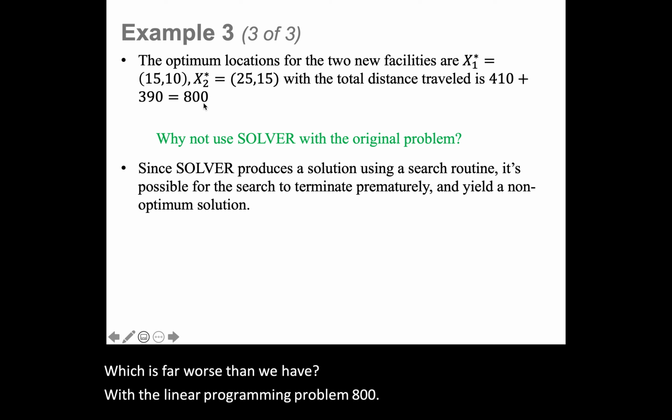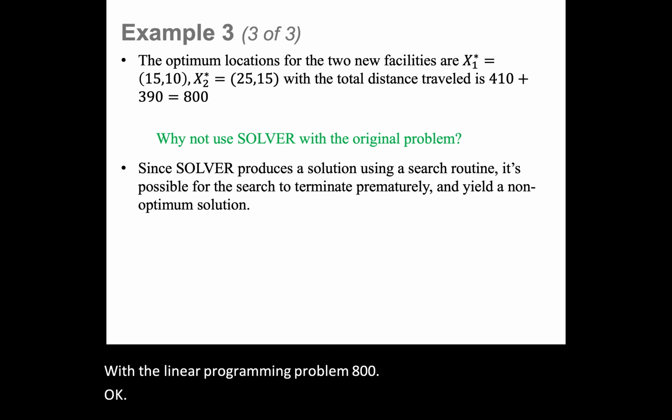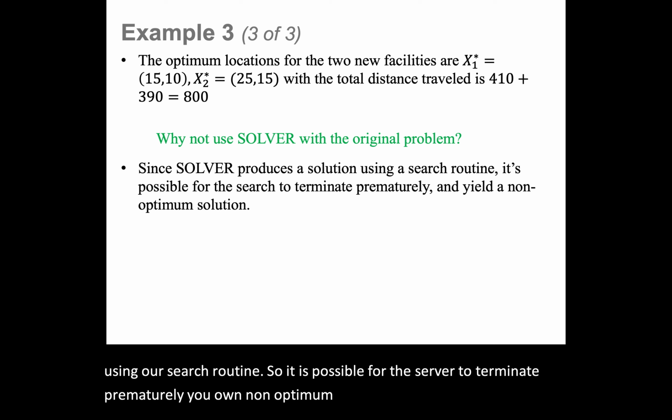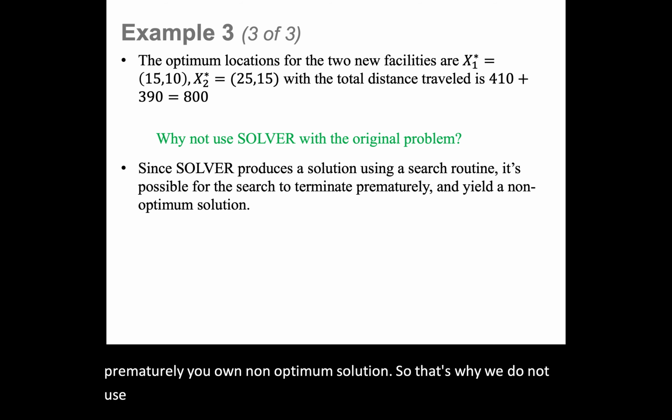Okay, and one way to explain that is because the solver produces a solution using a search routine, so it is possible for the search to terminate prematurely and yield a non-optimum solution. So that's why we do not use solver with the original problem, but instead we transform it into a linear programming problem.